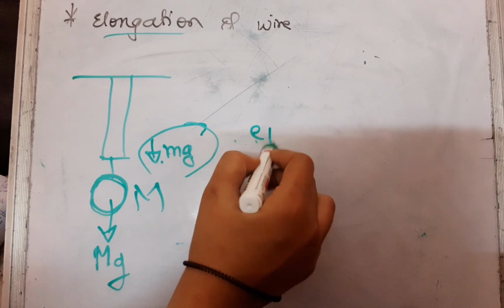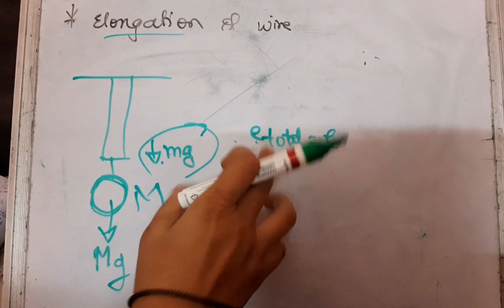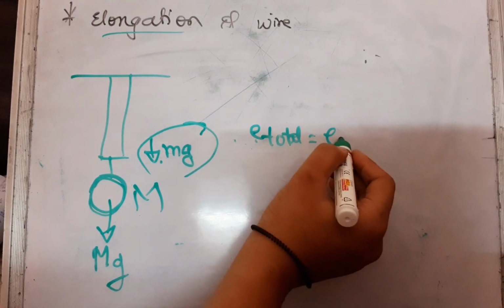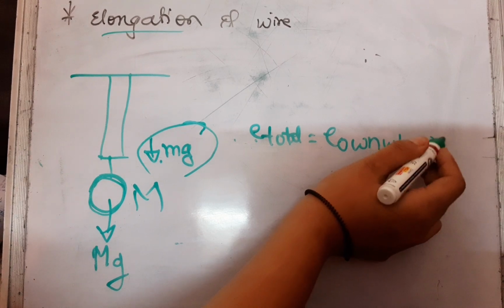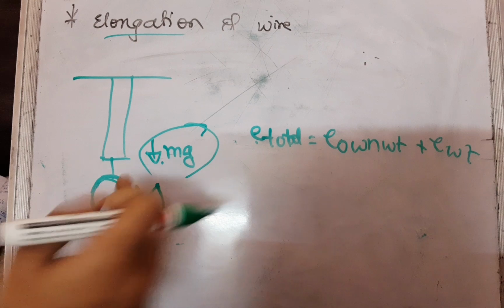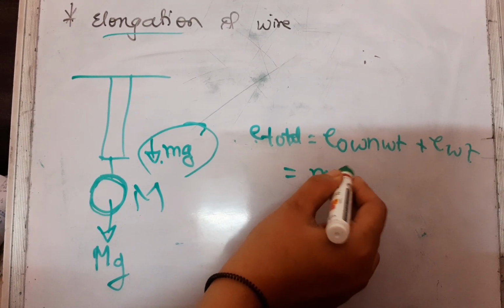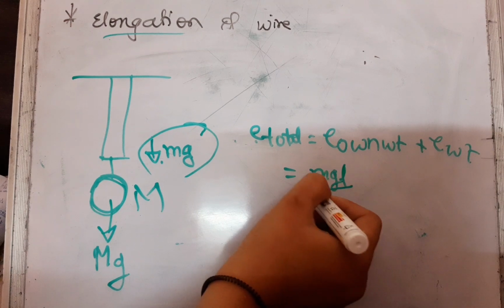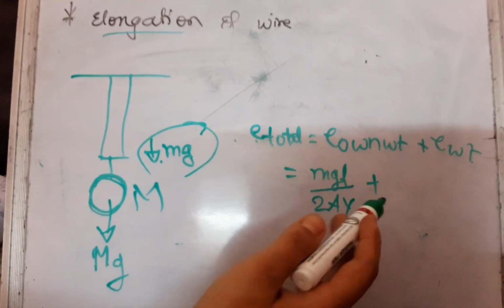So the net elongation E total is equal to the elongation due to its own weight plus the elongation due to the weight you attach. For its own weight, we found mgL divided by 2AY. But for the new weight, you should not consider L by 2.